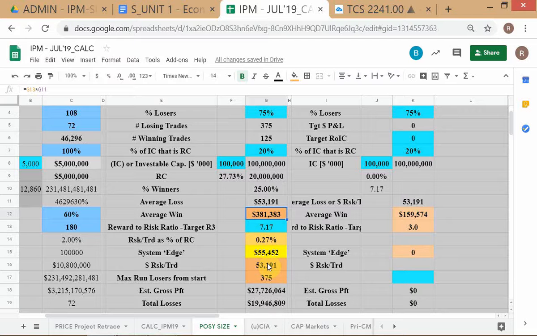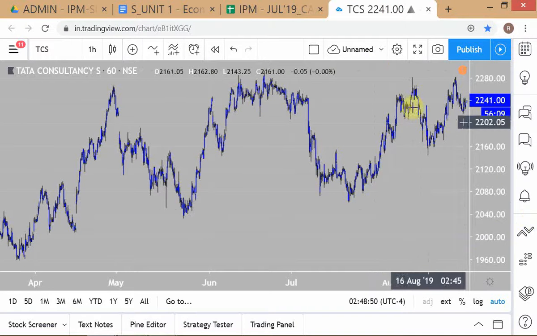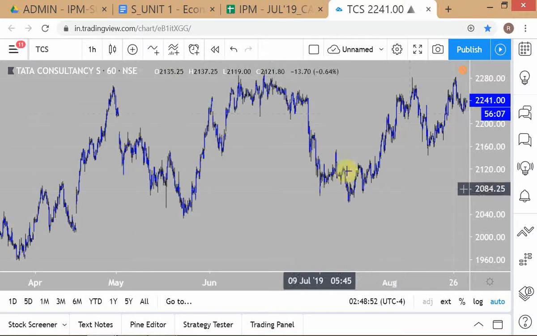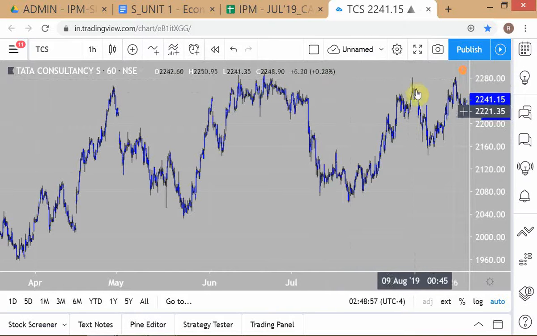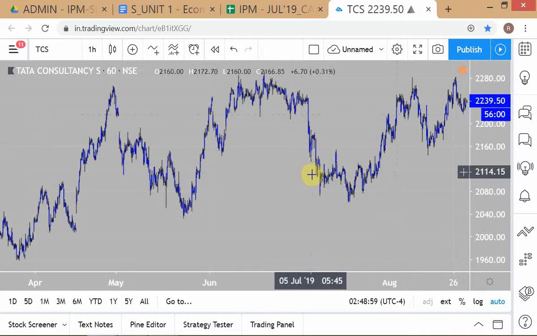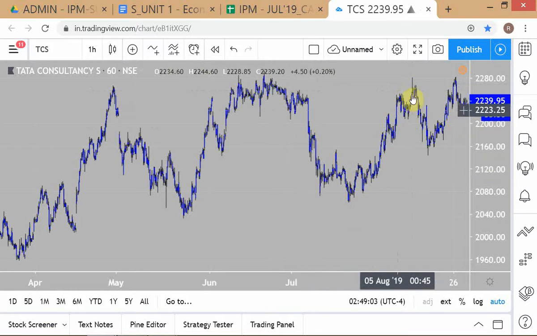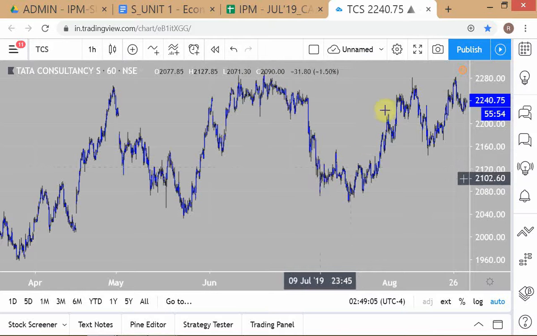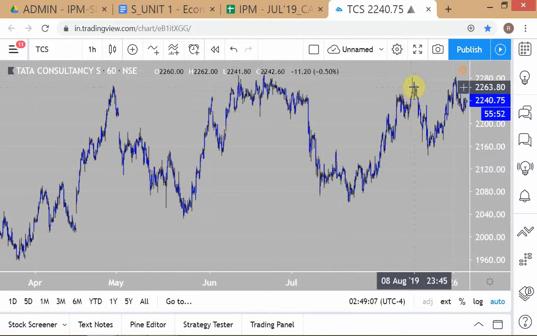But the higher the R3, the trade-off, it's not an easy decision. Right now we are discussing a system with a targeted take profit. If you have a low targeted R3, the chances of realizing it are better, but obviously the average win will be less.